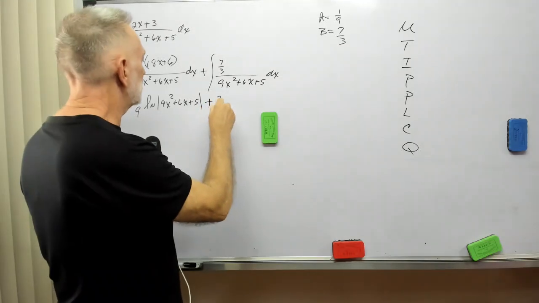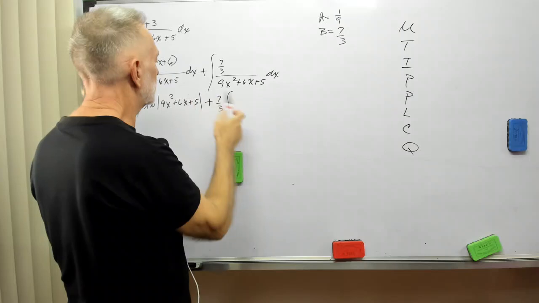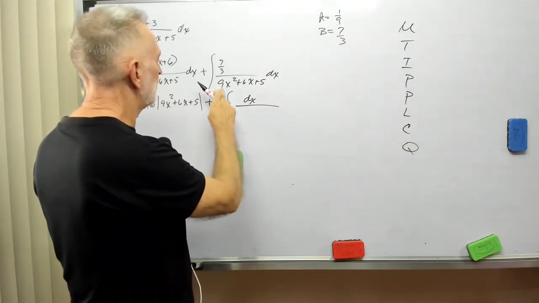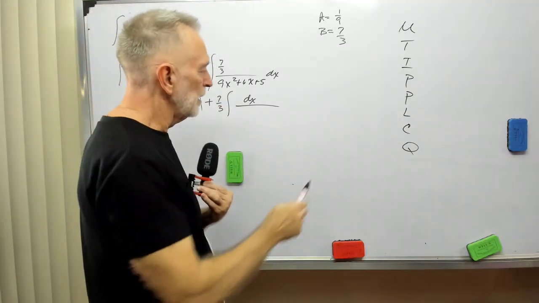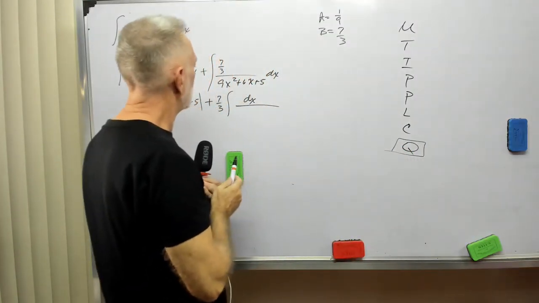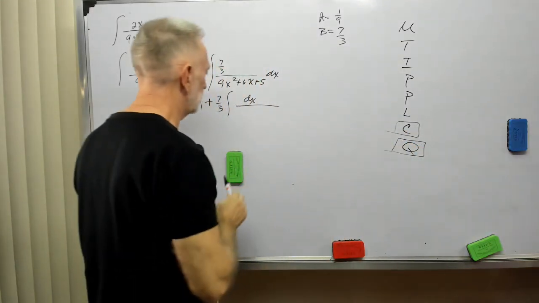So it's plus 7/3 times the integral, I'll pull the 7/3 to the outside, dx over 9x squared plus 6x plus 5. Now we've just used our Q tool, and now we're going to use the completing the square tool.